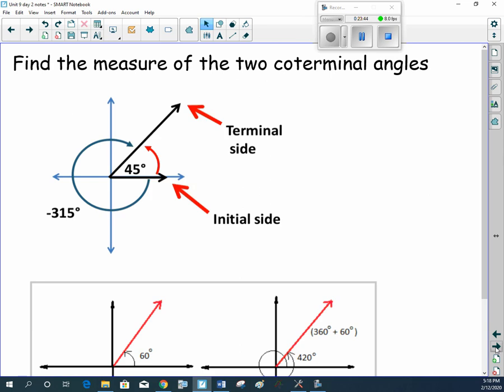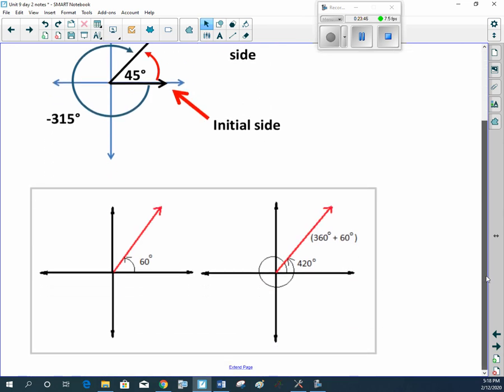Okay, so we kind of talked about this. I gave some examples. Here's another example. We're switching back to the coterminal idea. This one is showing you that if this original angle is 60, and I go all the way around, like they did right here, boom, back to that, then you end up with 420.